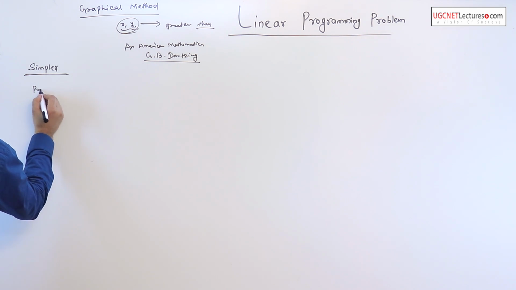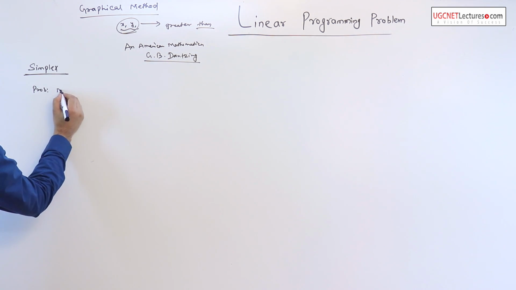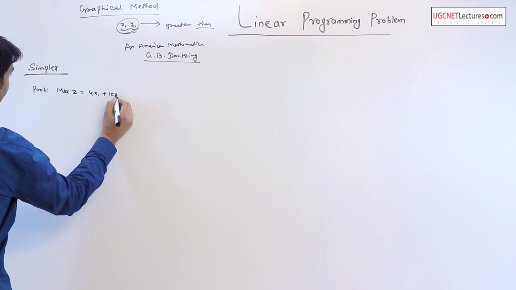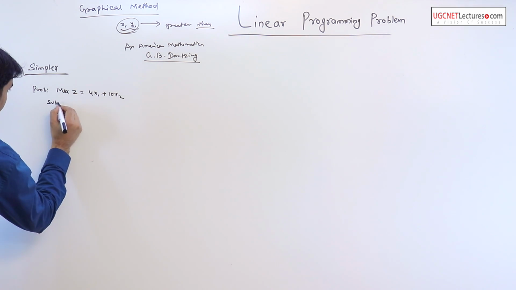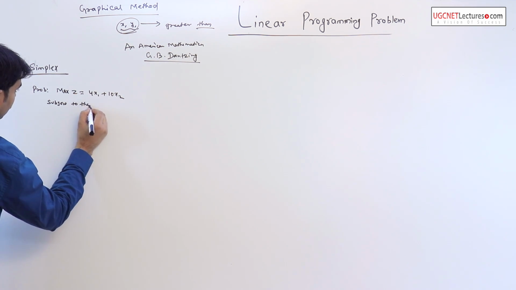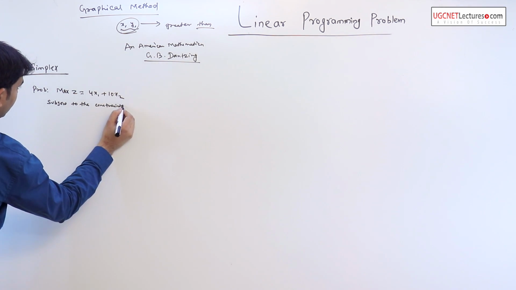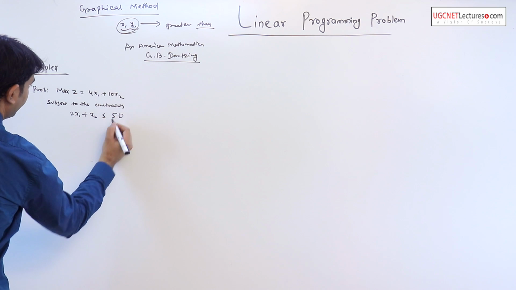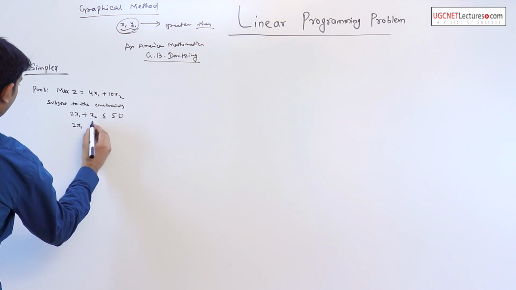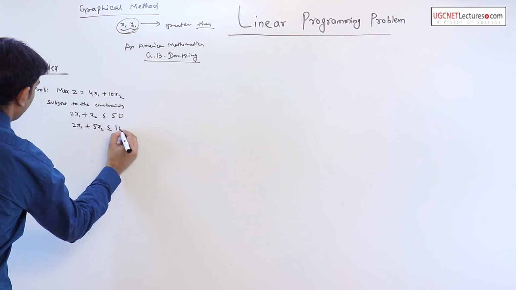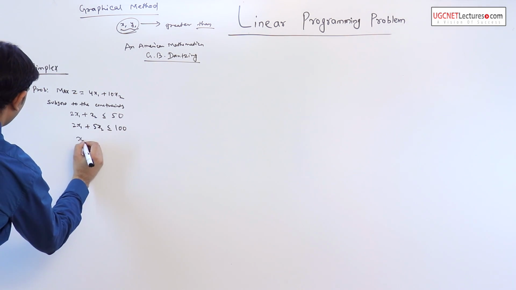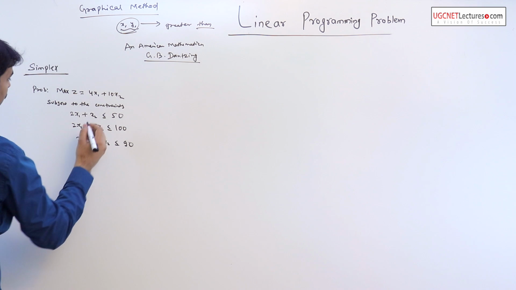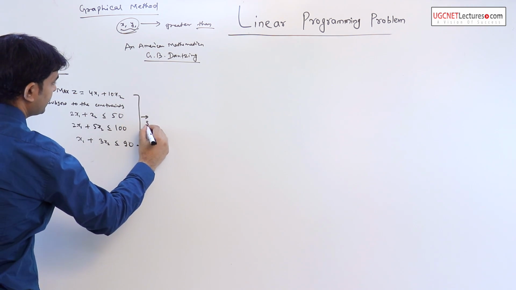So if the problem is maximization of z equal to 4x1 plus 10x2 subject to the constraints 2x1 plus x2 is less than or equal to 50, 2x1 plus 5x2 is less than or equal to 100, and the third constraint x1 plus 3x2 is less than or equal to 90, to solve this problem by Simplex.